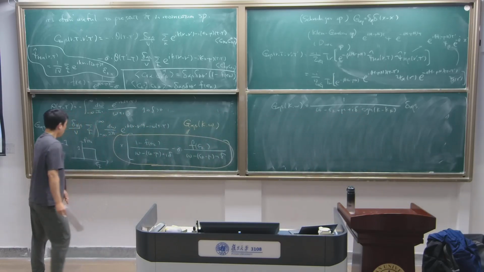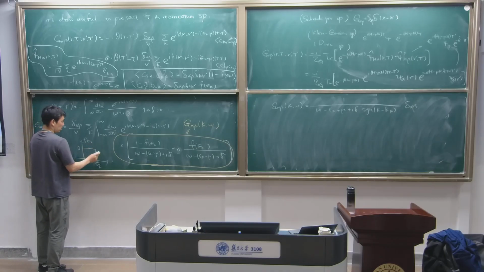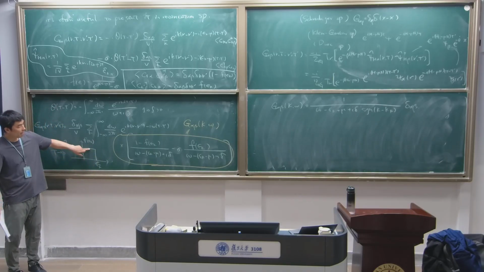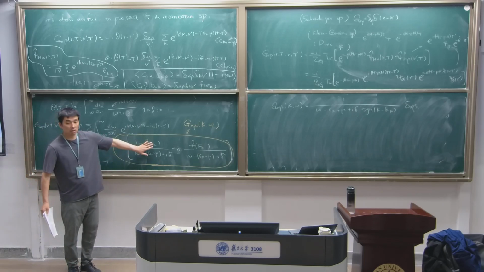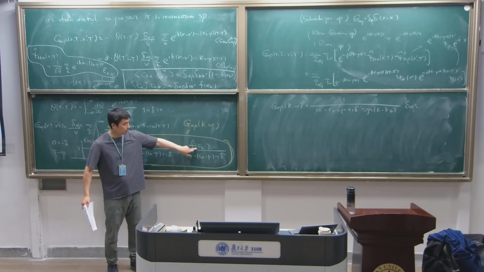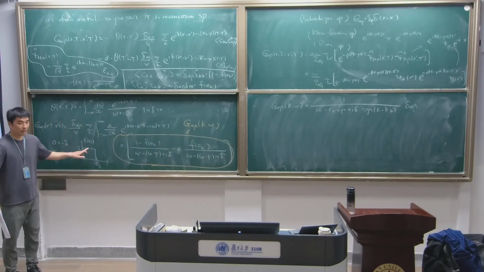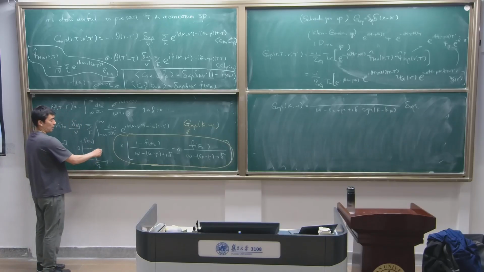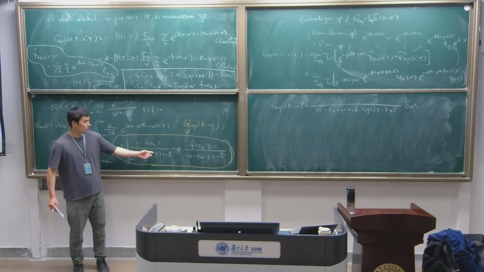Okay, when k is less than k_F, f is 1. So therefore this term you can ignore, 1 minus 1 is 0, and this is dominant. In that case you have a minus sign, because k minus k_F is negative. When k is greater than k_F, f is 0. So this f is 0, therefore you can ignore this term, and then here you become 1 over this one.